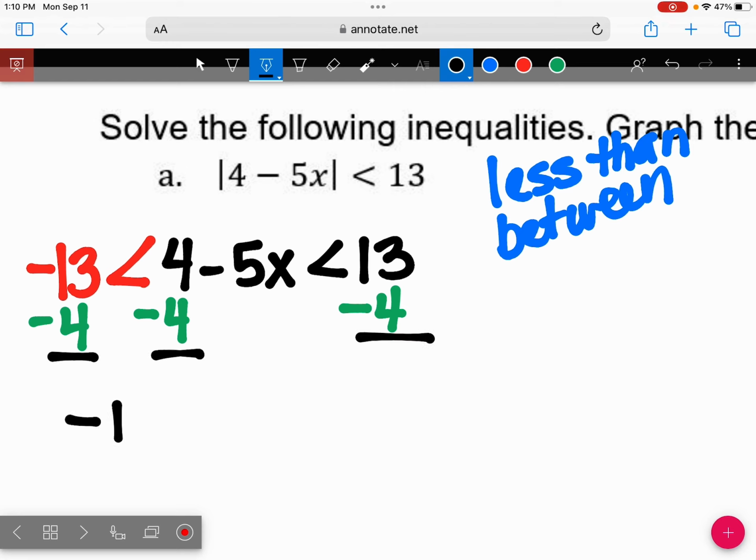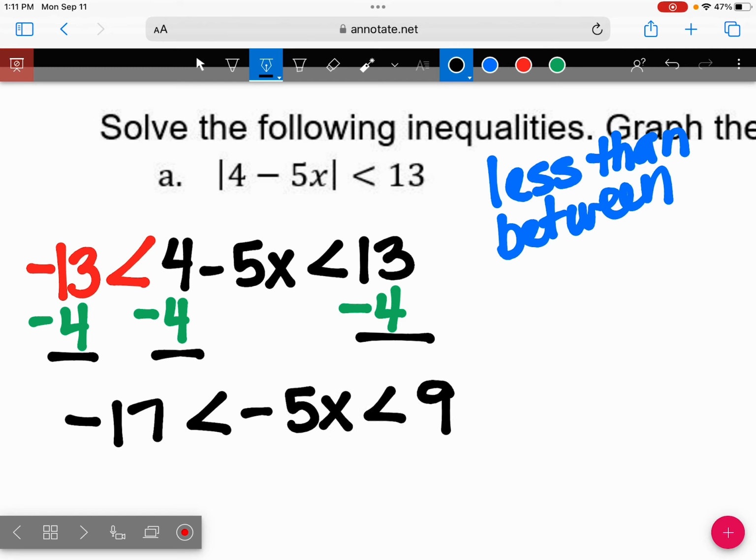And that would be negative 17 is less than negative 5x, which is less than 9. Then we divide everything by negative 5.